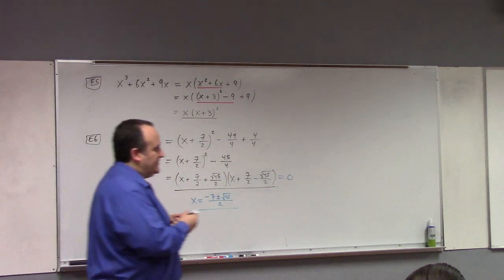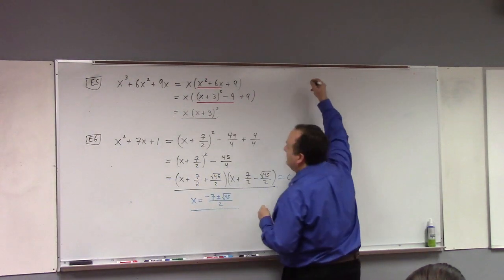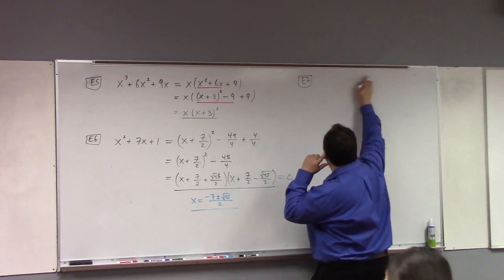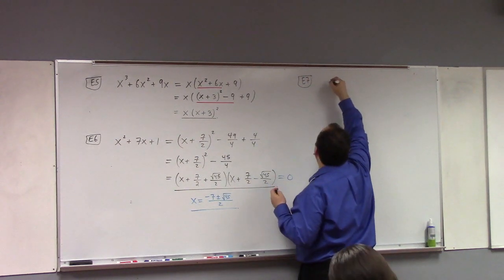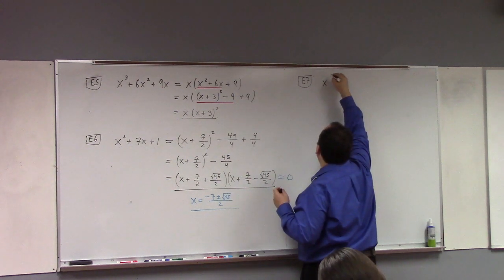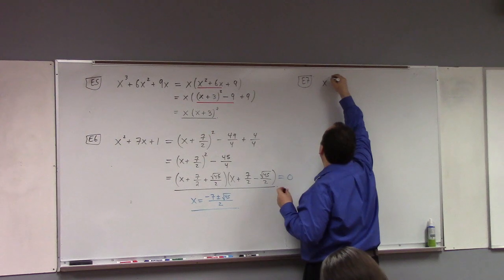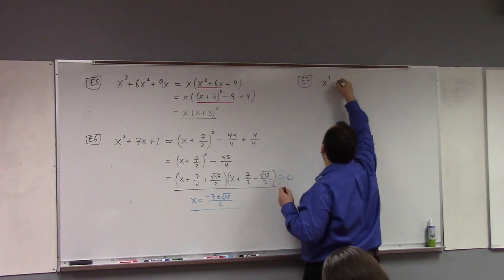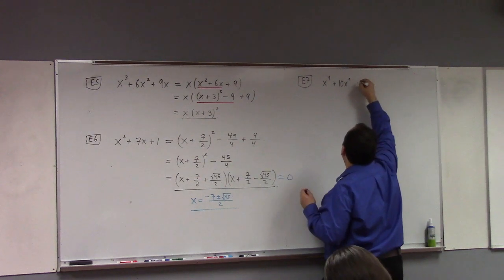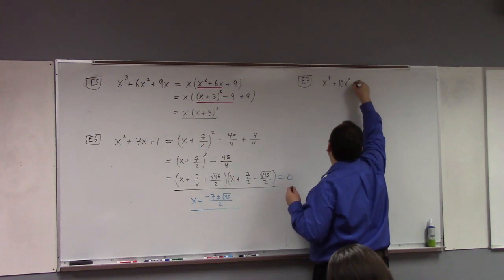Example 7. Let us continue with this cavalcade of algebra. Let us suppose we have, I don't know, x to the 4th plus 10x squared plus 3.